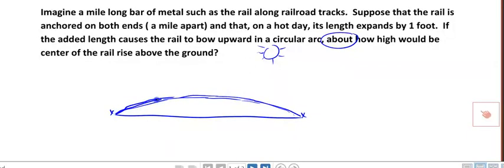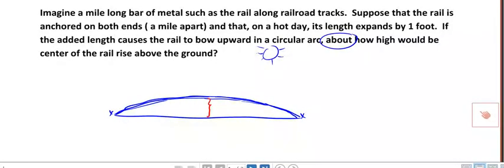So the original length of that piece of steel is 1 mile, but increases by 1 foot to 1 mile and 1 foot. So how high do you think the steel will rise? Think about that.